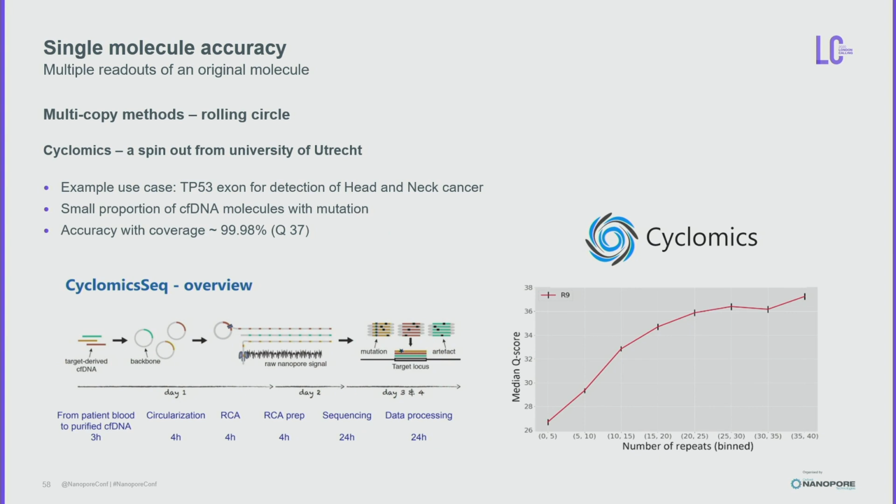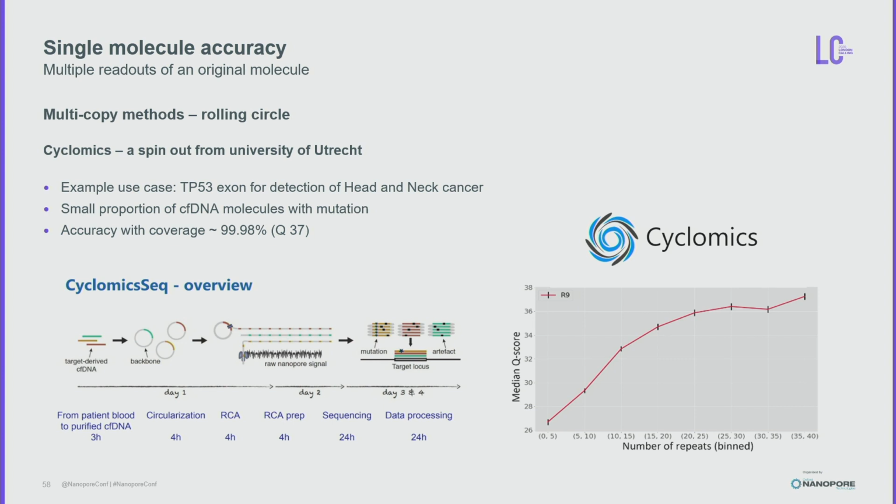It's not the only way you can do it. You can also do a sort of depth-first consensus, if you like, and that's where you put multiple copies of the sequence into an individual molecule. Perhaps the most mature way of doing that is from Cyclomics, who are a spin-out from the University of Utrecht, and they use a rolling circle method. Their example use case is the TP53 exon, which they use for detection of head and neck cancer, although you can apply this across a wide range of applications.